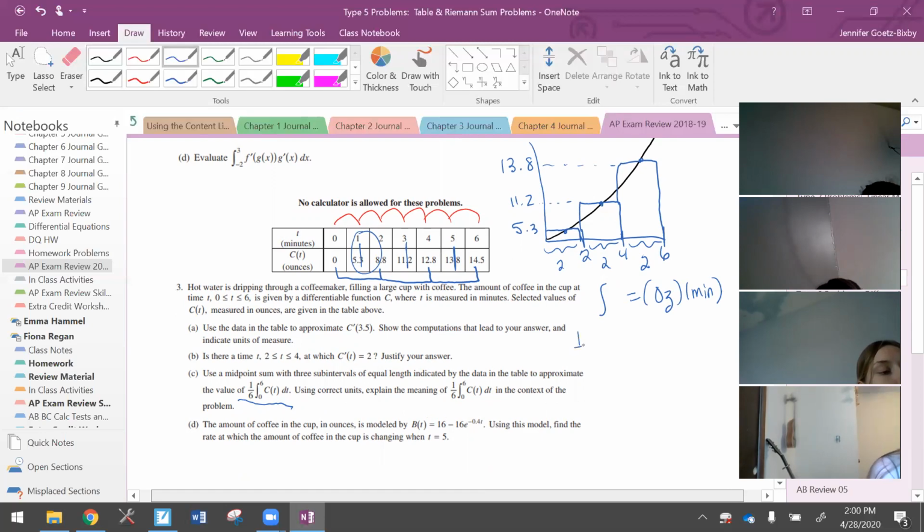But when I take 1/6 of my integral, that 6 is time. So that's 1 over minutes, but my integral is still ounces times minutes, but those minutes cancel, and I end up with ounces as my unit. Okay, thank you.